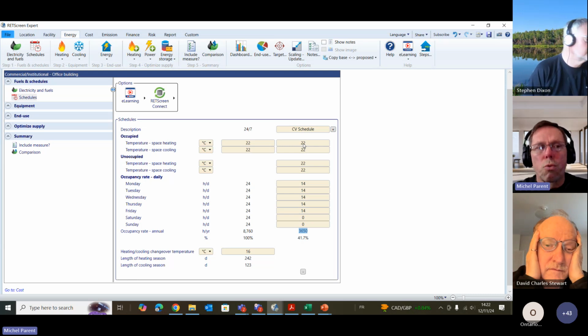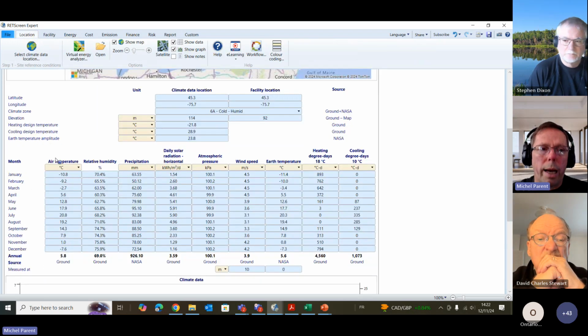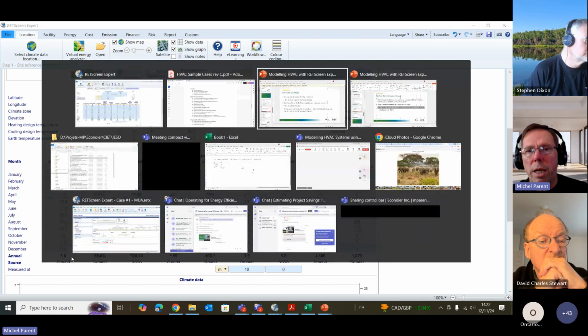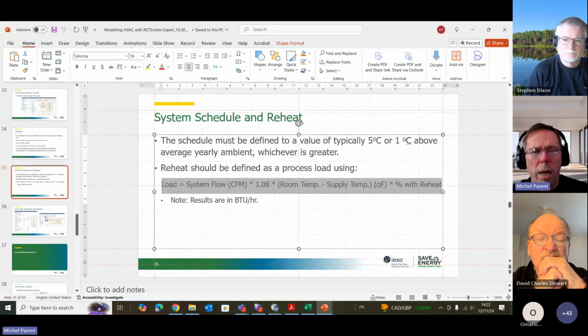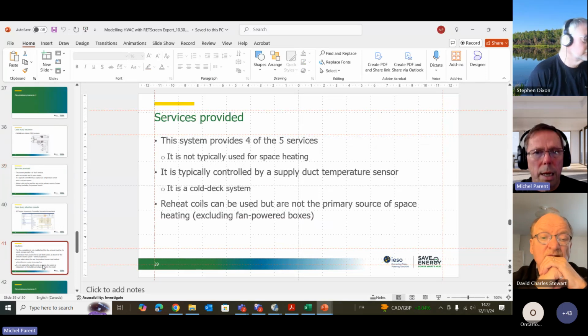In this case, the rule would be you go back to your location. You look at your average air temperature, 5.8. You will enter either the minimum of 5 degrees Celsius or 1 degree above that average. And I'm saying 1 degree, I try to remember, I think it is 1 degree. I tested it. I made a bunch of tests on that.